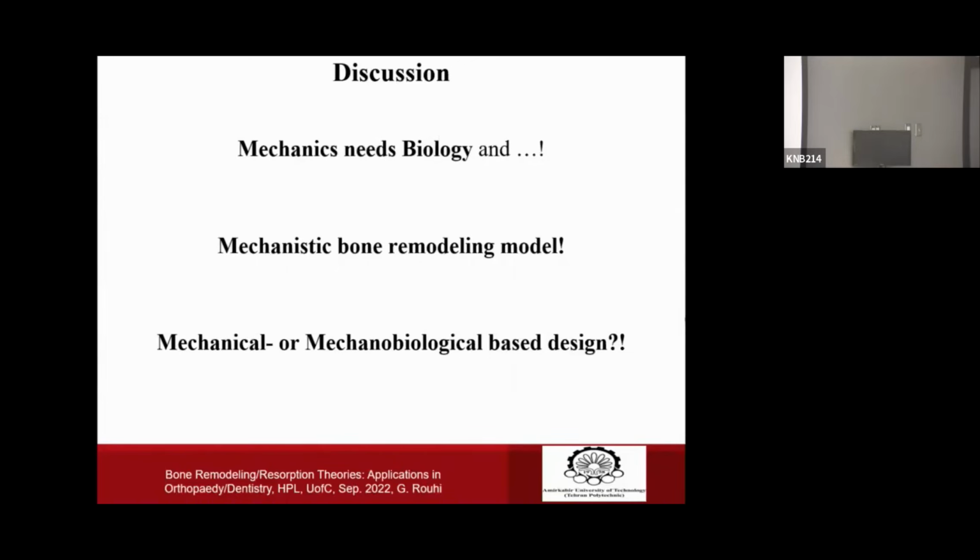Three categories: phenomenological model, mechanistic model, optimization-based model. The phenomenological model was Cohen's model. You look at bone as a black box.